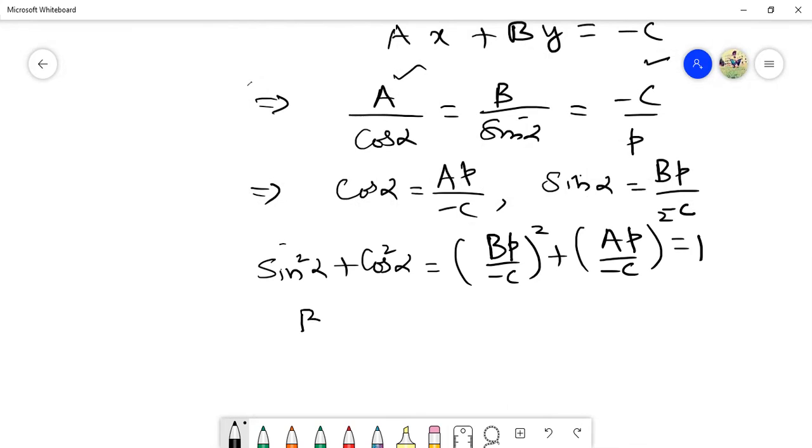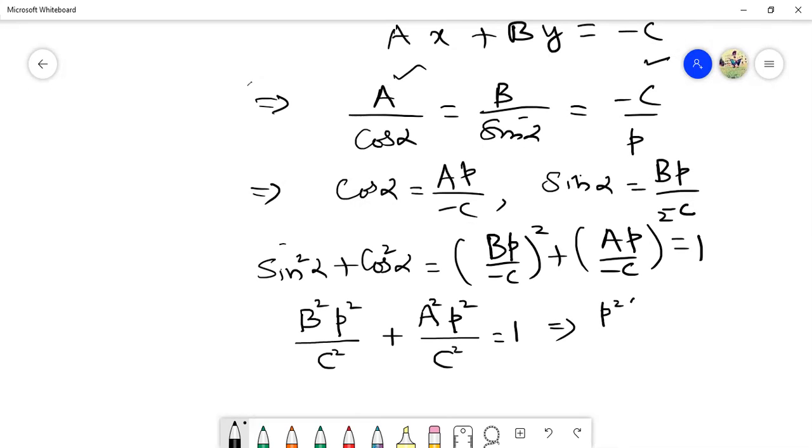So we can write b²p²/c² + a²p²/c² = 1. Taking p² common, and the LCM will be c², the term will be written as a² + b², so we get p² = c²/(a² + b²).